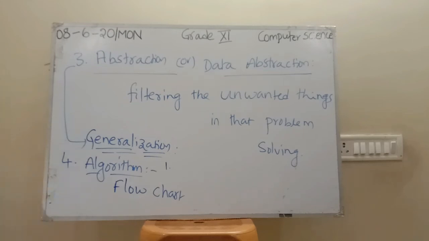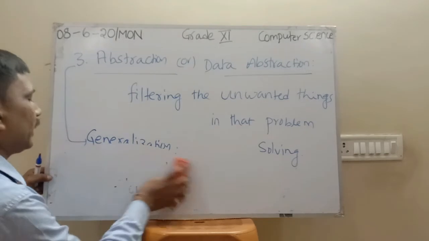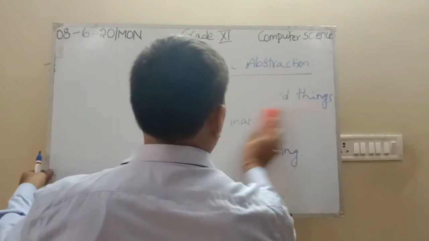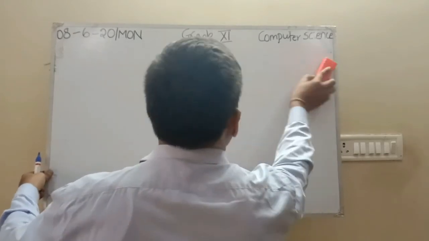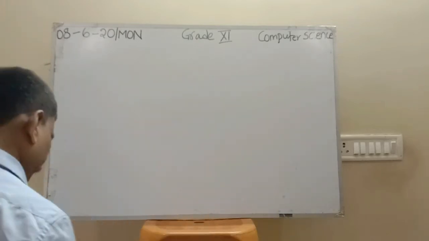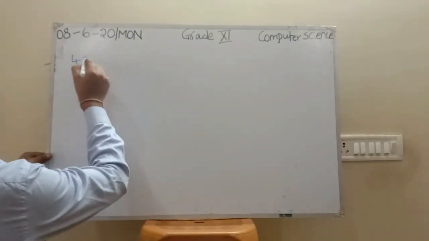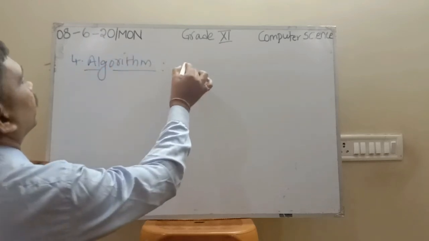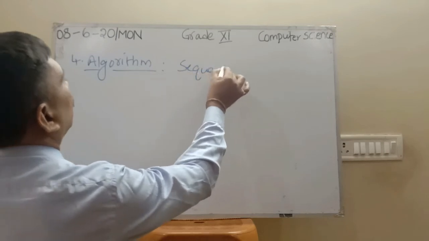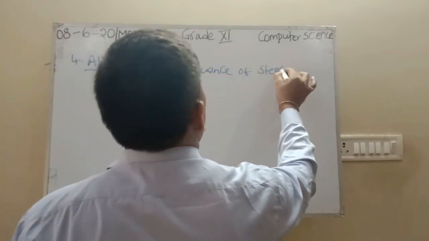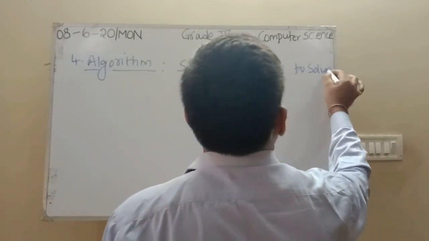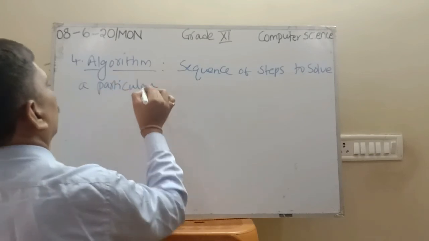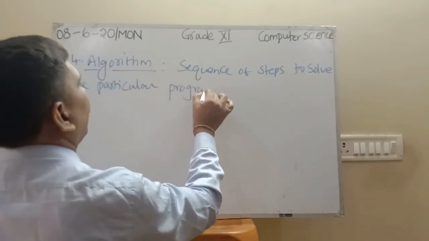But this algorithm consists of some characteristics. This fourth point, algorithm, consists of some characteristics that we follow. Algorithm is a sequence of steps to solve a particular problem, from starting to ending.